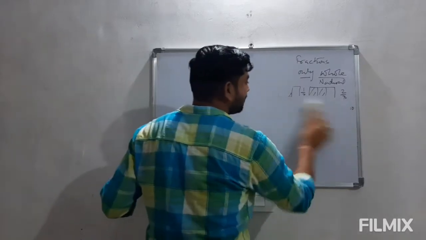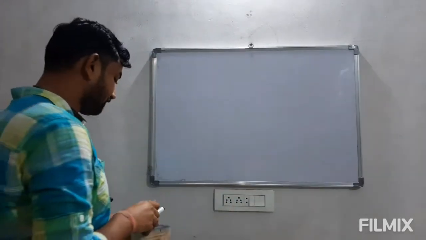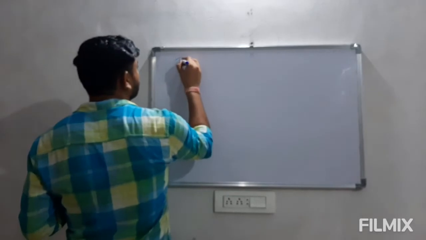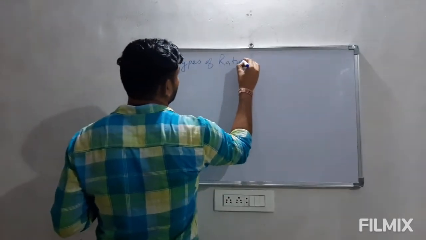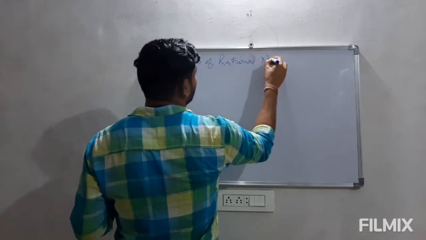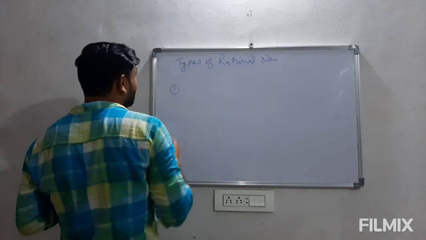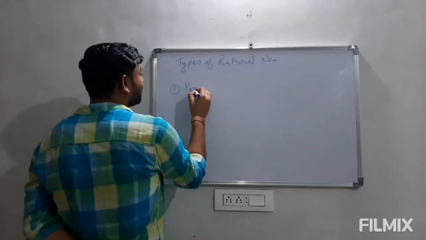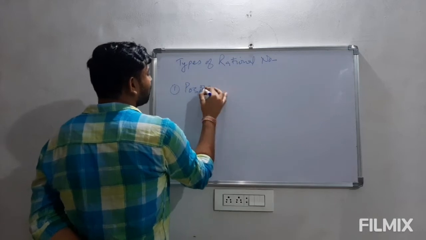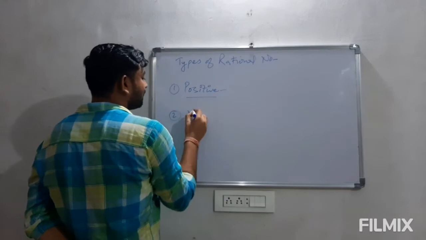Now let us come and discuss the types of rational numbers. As you can imagine, when we are saying that we have to include integers in it, there are basically two types: positive and negative.